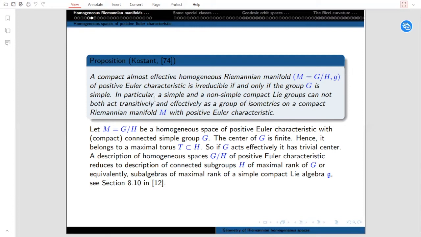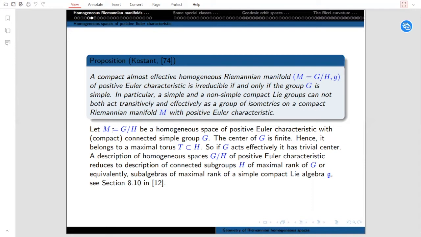In particular, simple and non-simple compact Lie groups cannot both act transitively and effectively as groups of isometries on a compact Riemannian manifold with positive Euler characteristic. It's a very, very serious simplification to study homogeneous manifolds, but it's a very special case, unfortunately.